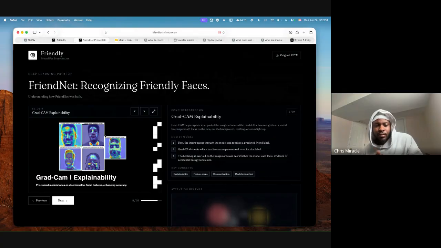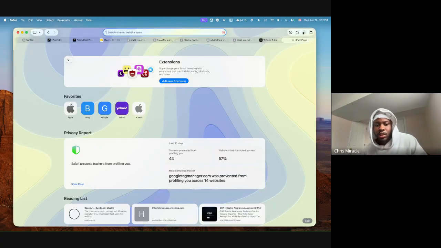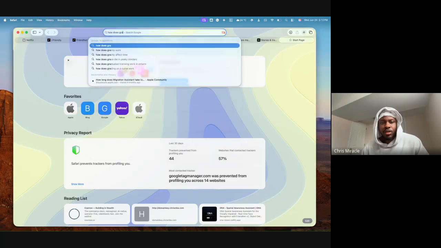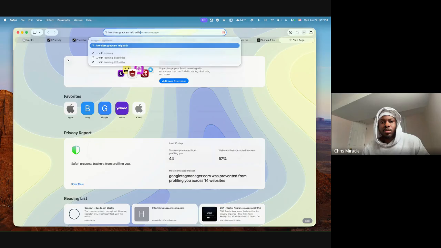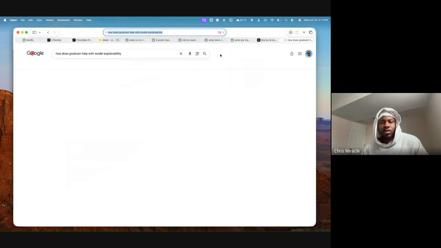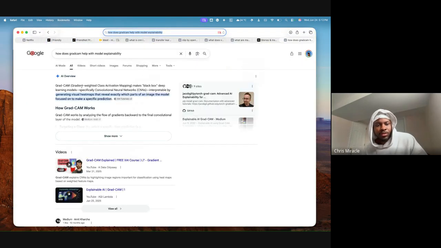GradCAM, gradient-weighted class activation mapping, makes black box deep learning models, specifically convolutional ones, interpretable by generating visual heat maps that reveal exactly which parts of an image the model focused on to make a specific prediction.